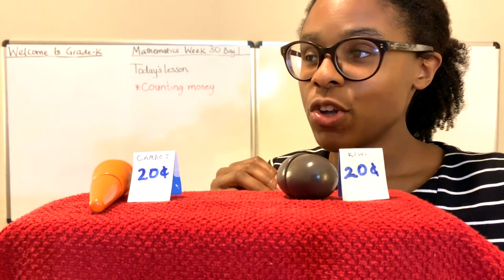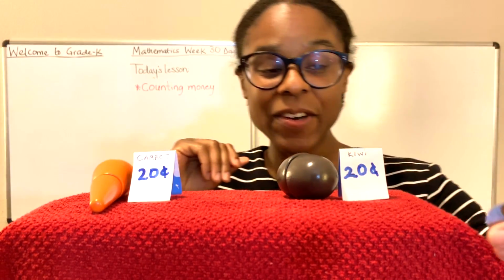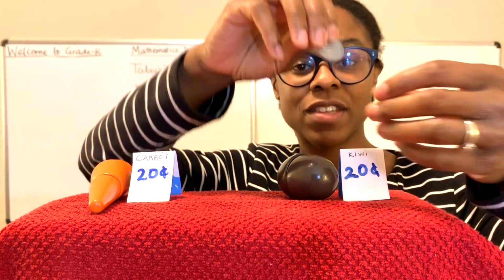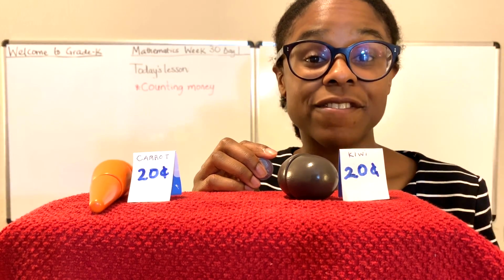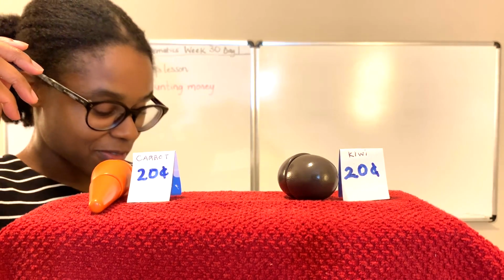The thing is, I owe you some money. You do? I do. I owe you 5 cents because the kiwi costs 20 cents. Your quarter has a value of 25 cents. That's a difference of 5 cents. Here's your 5 cents. Well, thank you for telling me that.